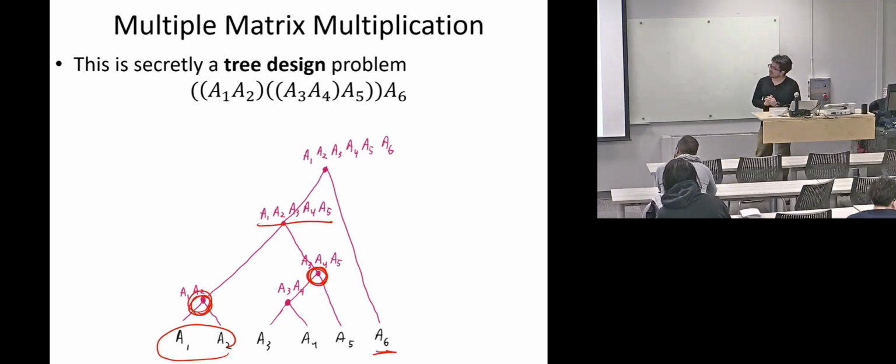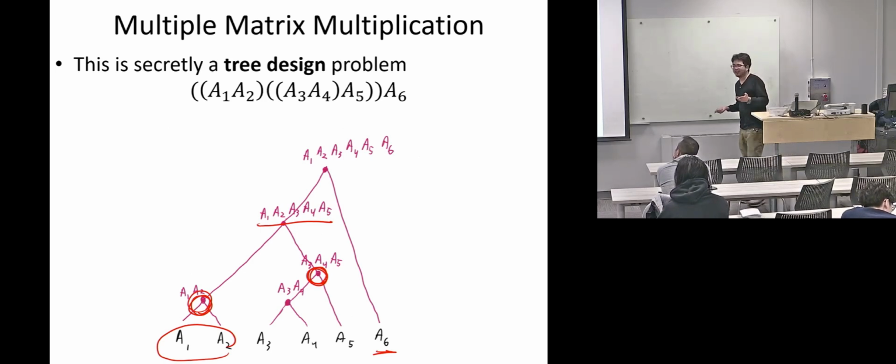And now, okay, if we want to solve this using dynamic programming, what's the first step? Come up with a recursive strategy. Okay, how can we try to get a recursive algorithm from this kind of picture? Ideas?